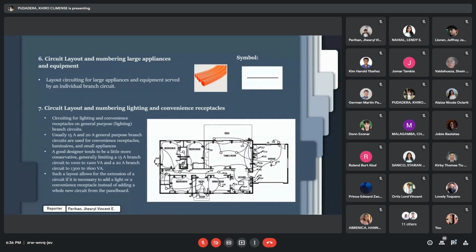A good designer tends to be a little more conservative, generally limiting a 15 ampere branch circuit to 1000 to 1200 volt-amperes and a 20 ampere branch circuit to 1300 up to 1600 volt-amperes. Such a layout allows for extension of a circuit if it is necessary to add a light or a convenience receptacle instead of adding a whole new circuit from the panel board.